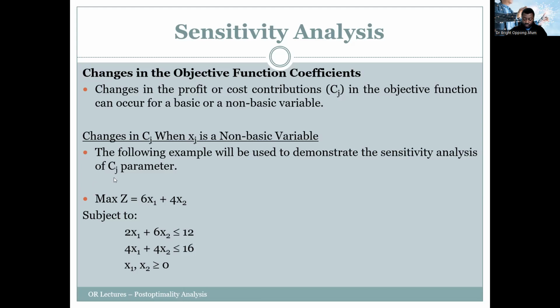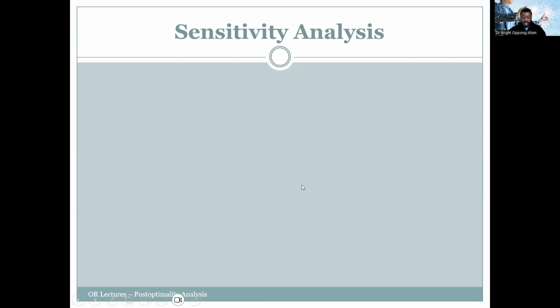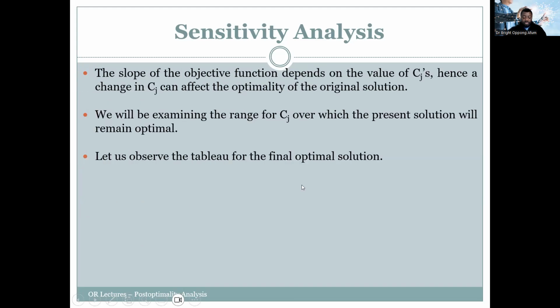If we are to analyze this, we'll see that the slope of the objective function depends on the value of the CJ. Hence, a change in the CJ can affect the optimality of the original solution. So we'll examine the range of CJ over which the present solution will remain optimal.